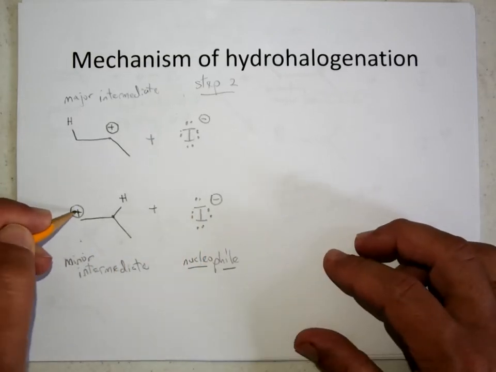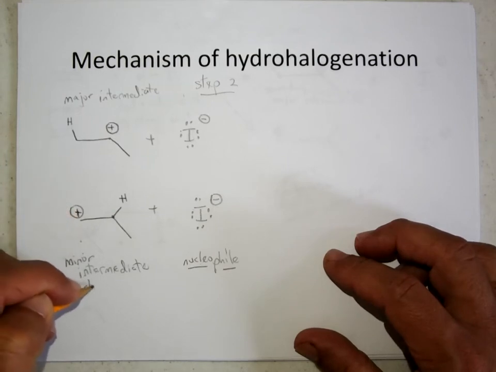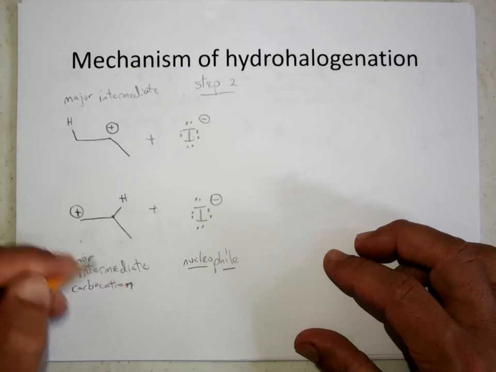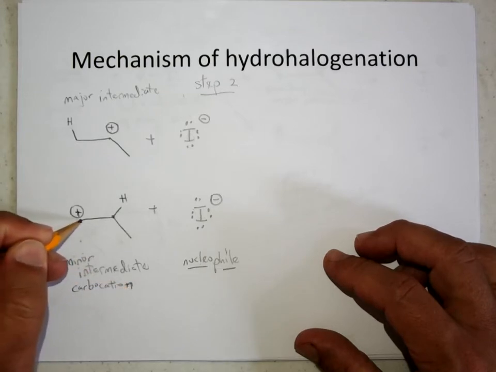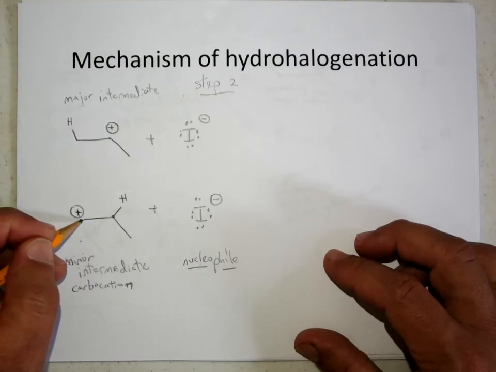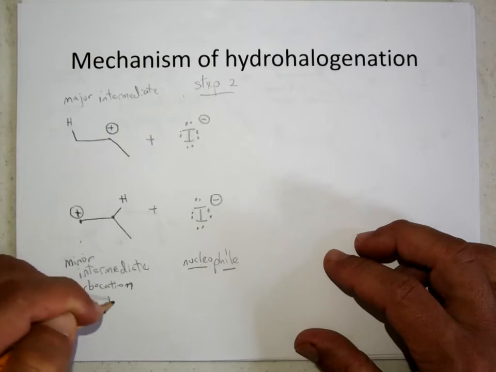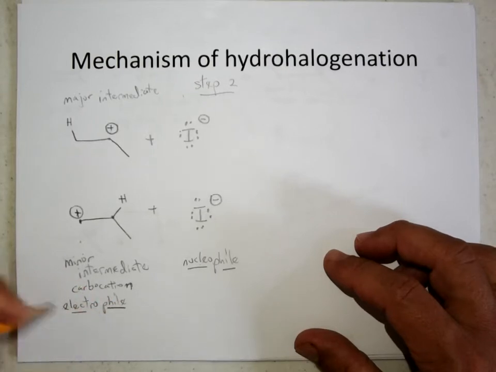The positive charge, the carbocation here, which is positively charged, plus it has an unfilled octet at the carbocation site, so this is very much looking for electrons. That's why it's an electrophile, because it loves electrons.